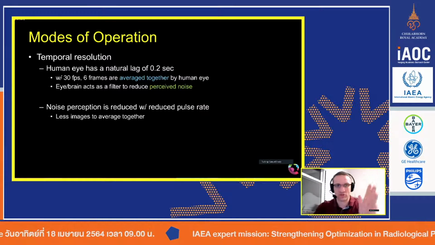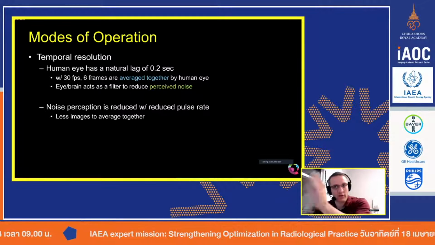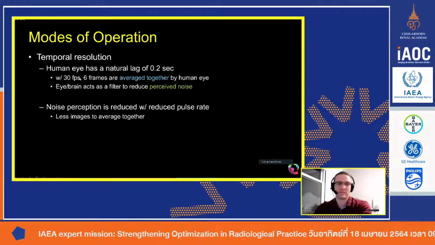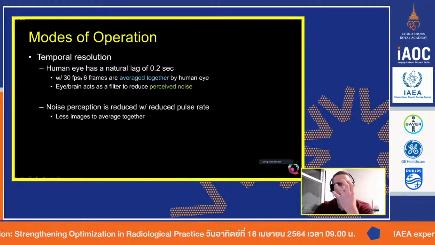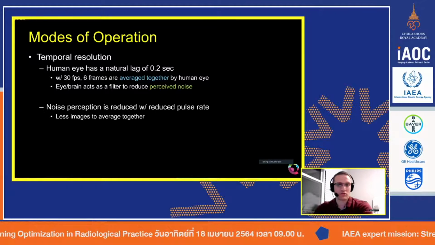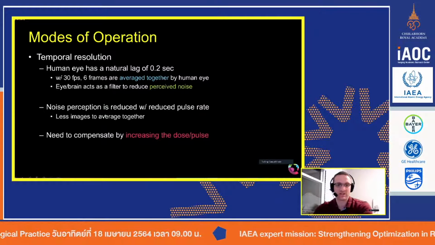So as you reduce from 30 to 15 to 7.5 or whatever it is, as you get closer and closer to this magic number 6, the amount of noise in the image increases. The perceived noise will look more noisy in the image.